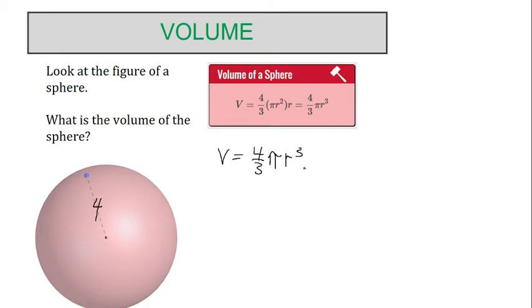All we need to find the volume here is the radius, which is 4. So the volume is equal to 4/3 pi times 4 cubed. Remember, our first step to simplify this and get a numerical answer is to cube that radius. That has to be my first step. So 4 to the third power is 64.